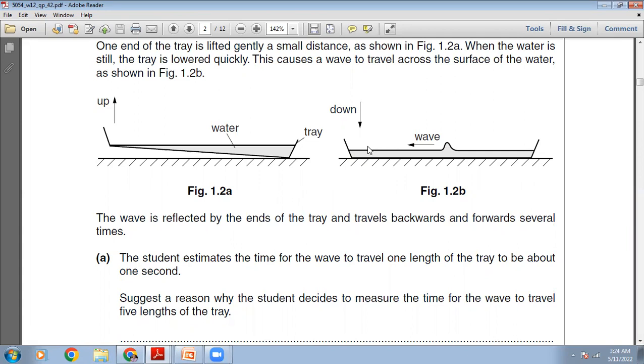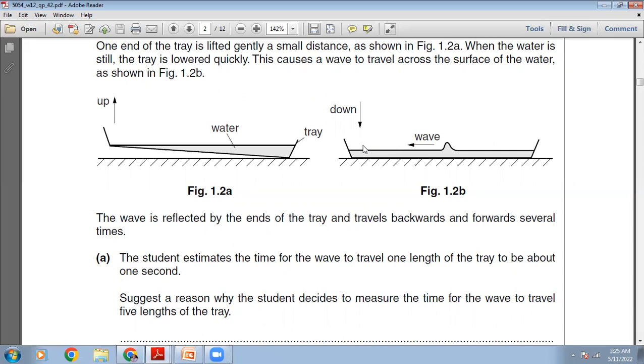So 1 second is quite a small time, and when you are using a stopwatch, the human reaction time is also, let's say, 0.3 or 0.5 second. The human reaction time is quite large compared to a large part of this 1 second. So it's not sensible to directly measure the time for the wave to travel one length of the tray.